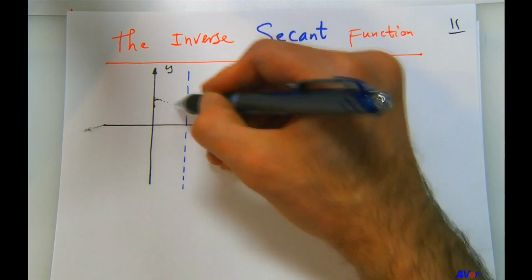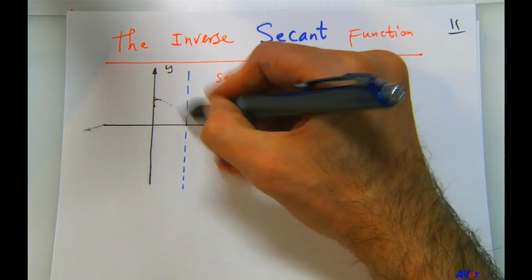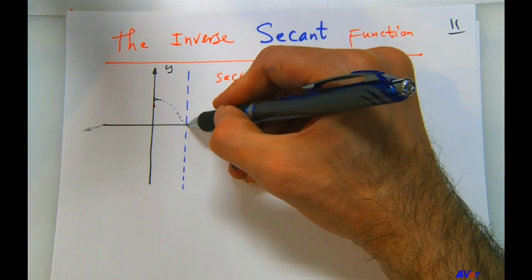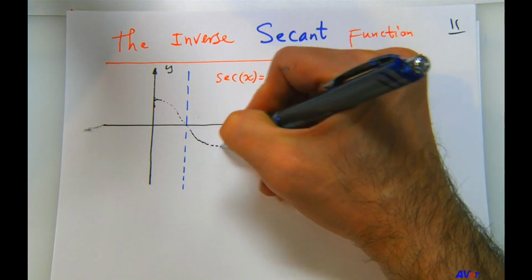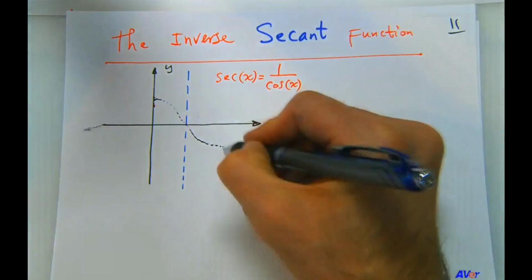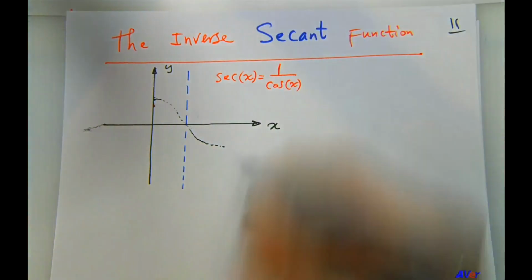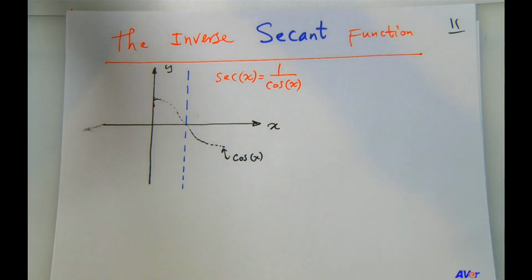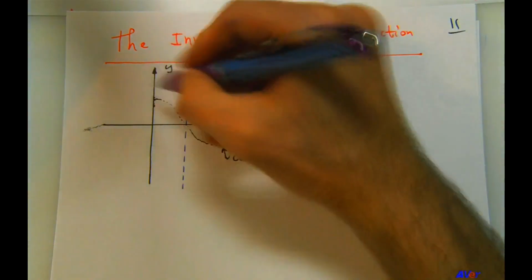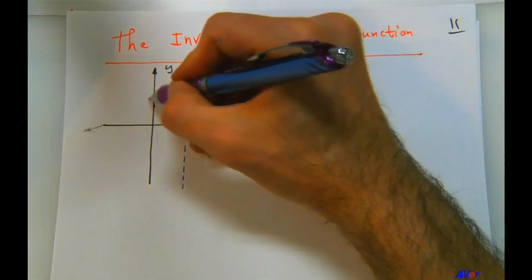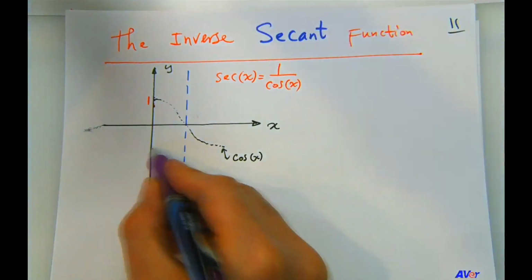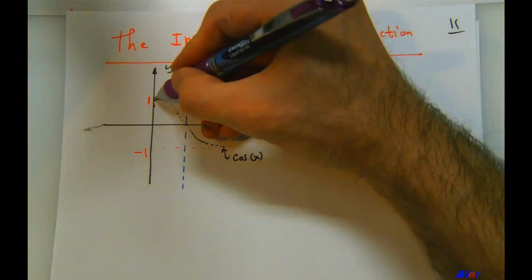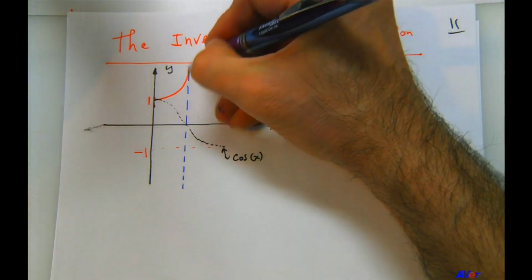So that's the cosine function, and then the secant function has a relationship with this, right? So this is cosine of x. The secant function will have to be between, and by the way, this is 1, and this is -1. So the secant function starts here, goes up, like that.